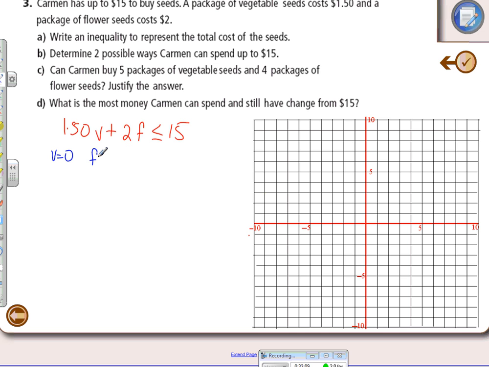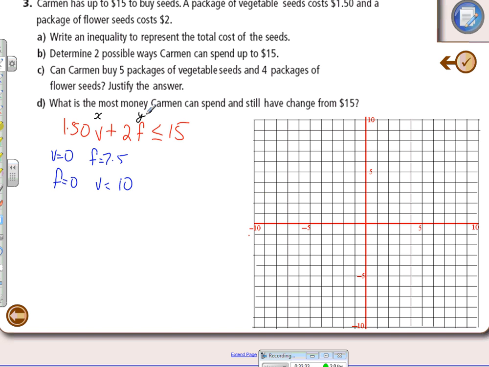F is going to equal 7.5. If f equals 0, then our v is going to equal 10. And because it doesn't matter which one's x and y, I'm just going to say that the first one's x and the second one's y.